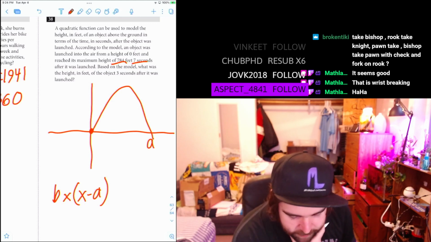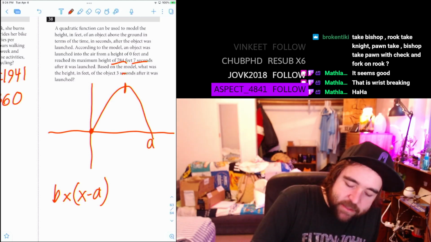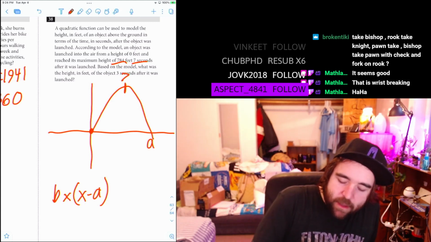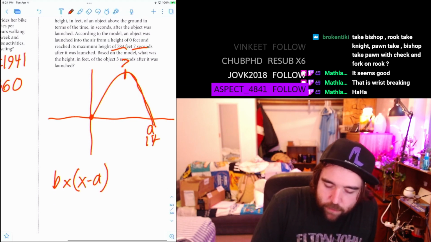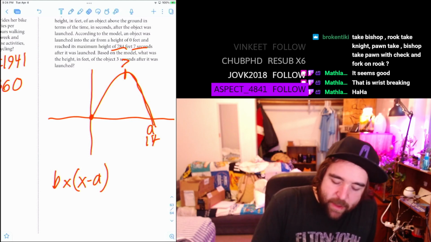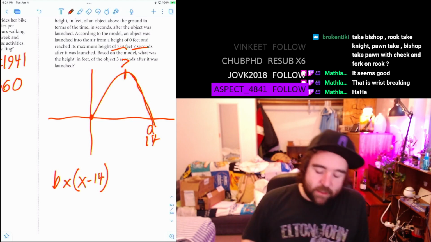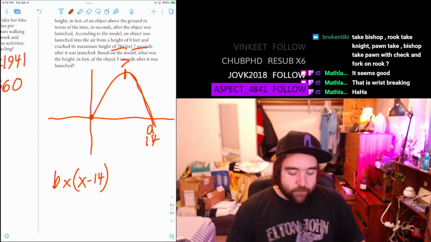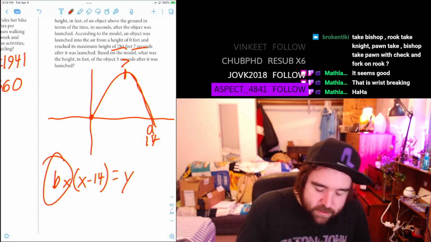But here's what we actually can definitely say. Because if it hits its maximum right here at 7 seconds, it's going to take an equal amount of time to get back to the ground, right? So that tells us this has to be 14. It's going to hit the ground again at 14 seconds. So the last thing we have to do is figure out what this b would be.